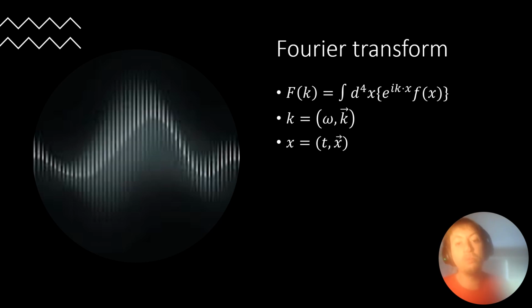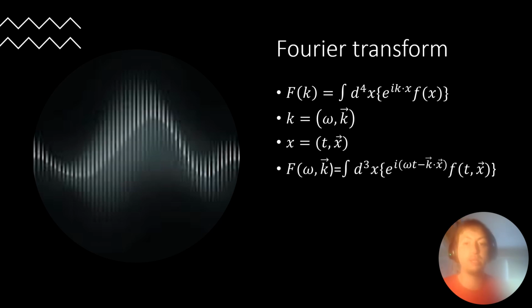And if you take account of the definitions of this four-dimensional wave number, if you like, and four-dimensional position, and you insert these definitions into the top equation, you can write the Fourier transform in terms of the components of these four vectors. And this leaves you with this equation here.